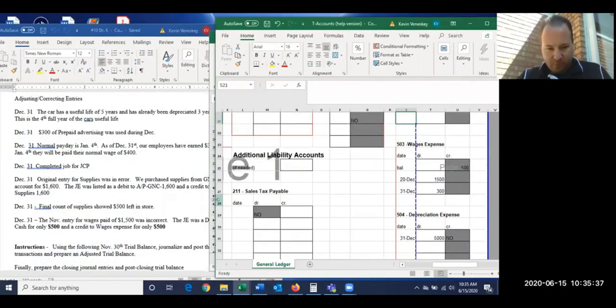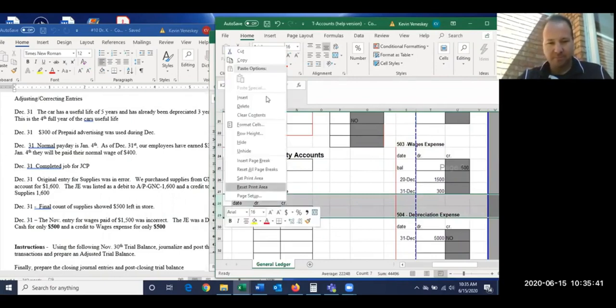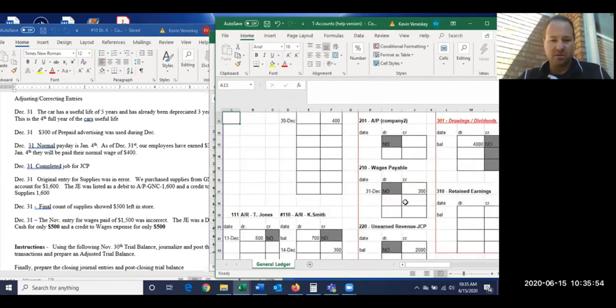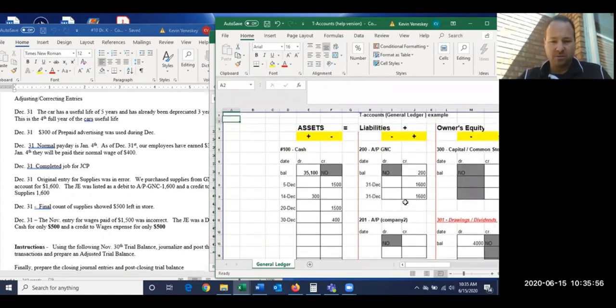I'm going to add a couple more lines. So on 12/31, we need to show that we had a reverse. Debit the wage expense, credit cash, as our correcting entry.